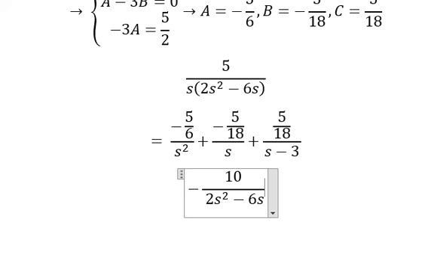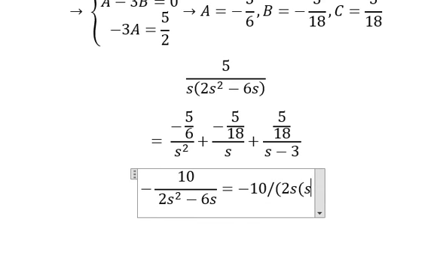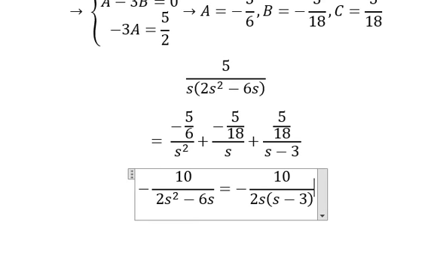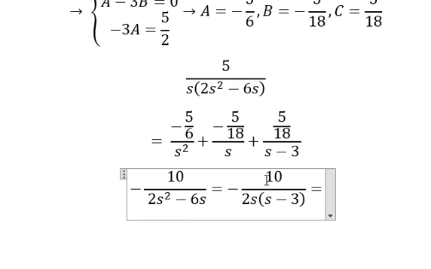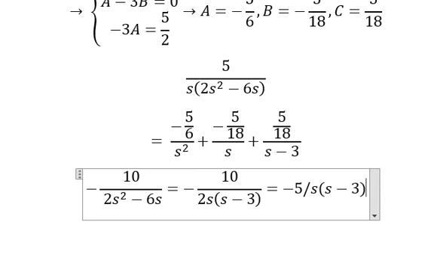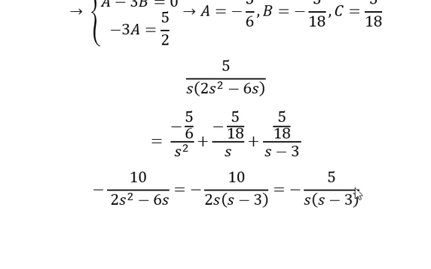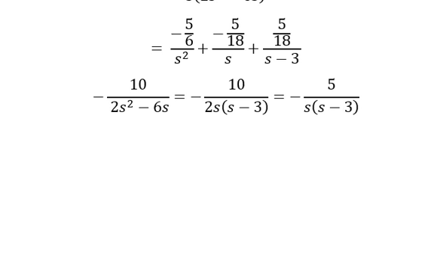You can do similar for the first one, and you do factorization by 2h. So negative number 10 divided by 2, we have negative number 5. Next, we need to do partial fractions.